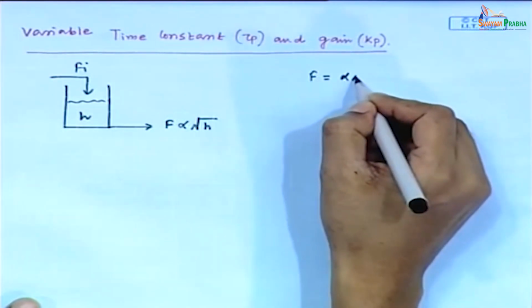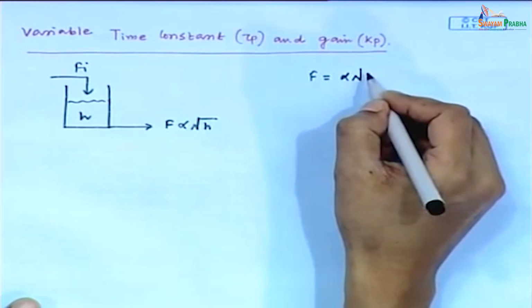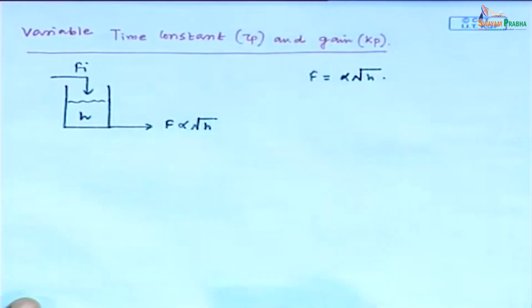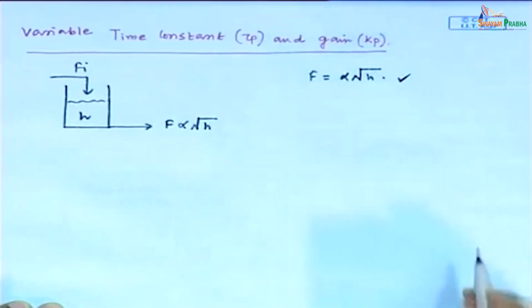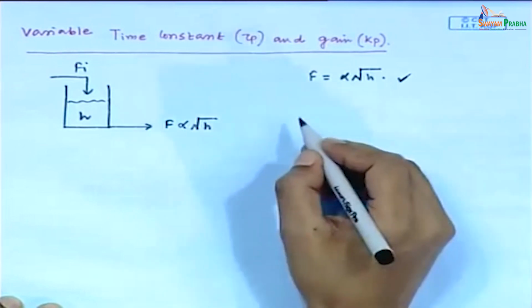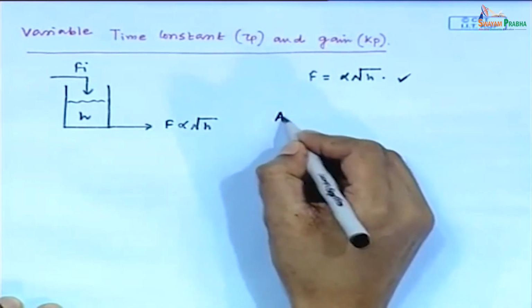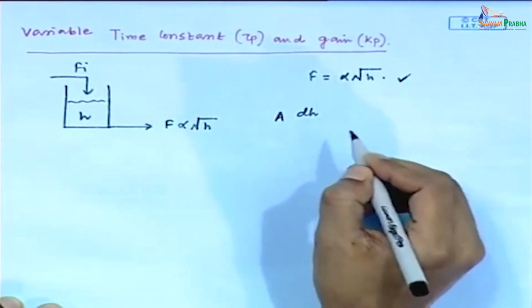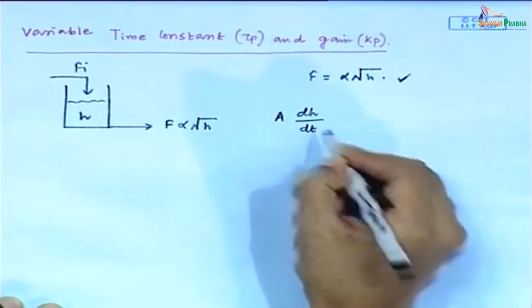So, F equals alpha root h. Fine. We derived the modeling equation for this system considering F equals alpha root h. I am writing that modeling equation which we derived earlier.